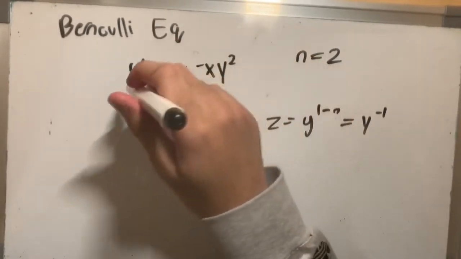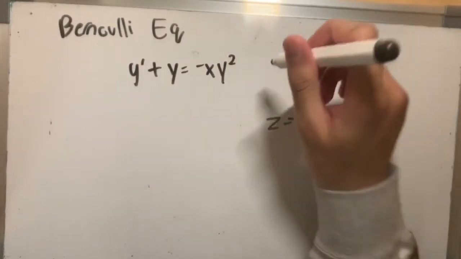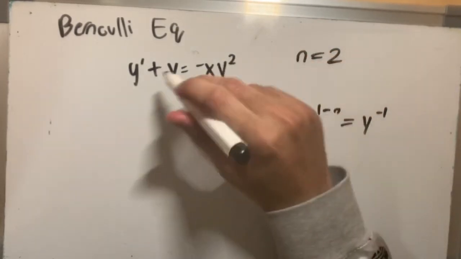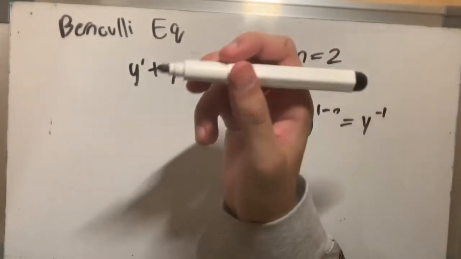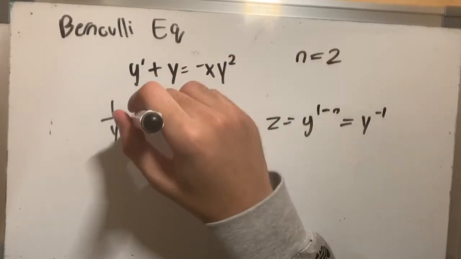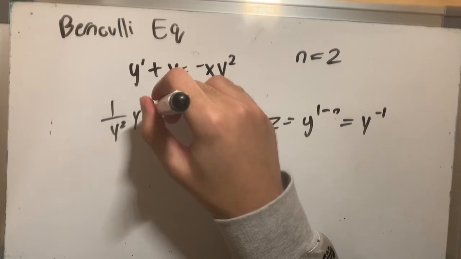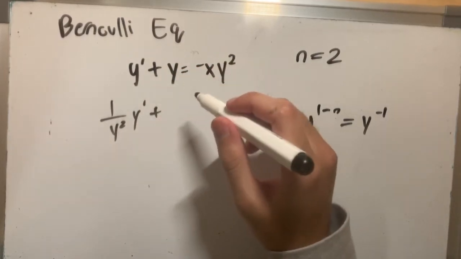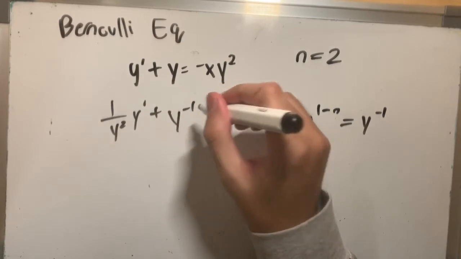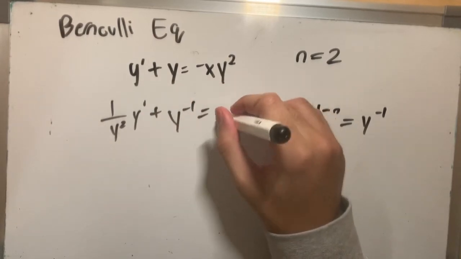This is not in the general form yet. Our general form will be all of the y's on one side. So 1 over y squared times y' plus 1 over y, which is y to the negative 1, is equal to negative x.